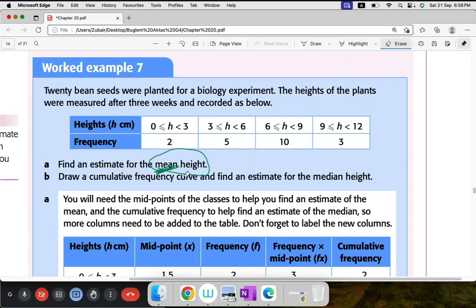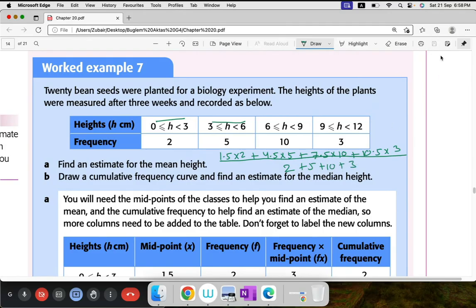No, that would be the midpoint of these two. 1.5 times 2 plus, the midpoint of these two, 4.5 times 5 plus 7.5 times 10 plus 10.5 times 3, and divided by the total frequency.